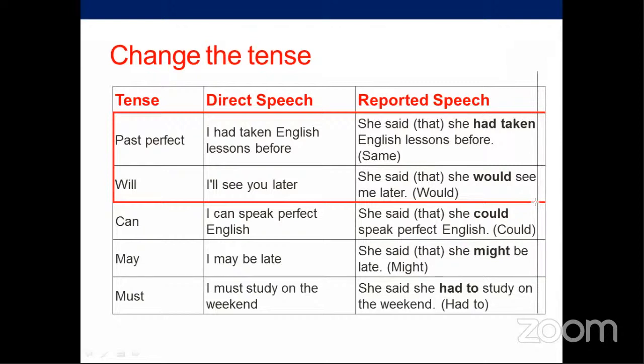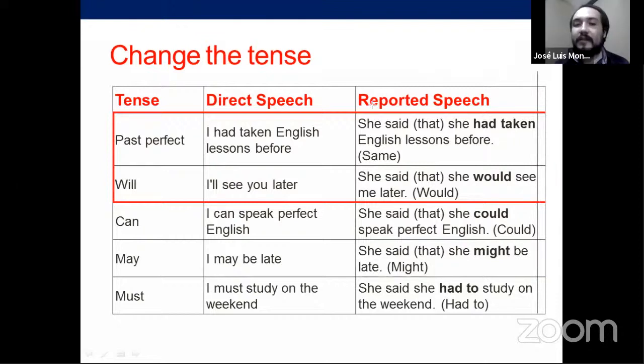And will, direct speech is I'll see you later, and reported speech is she said that she would see me later. Thank you very much, Melissa.